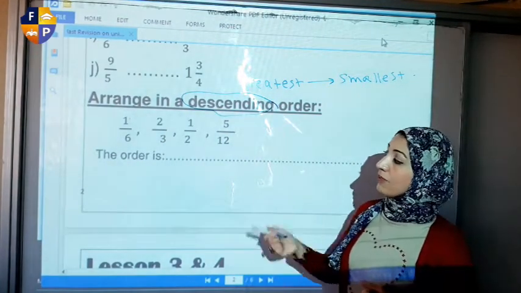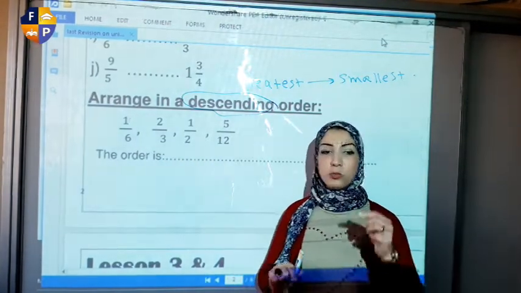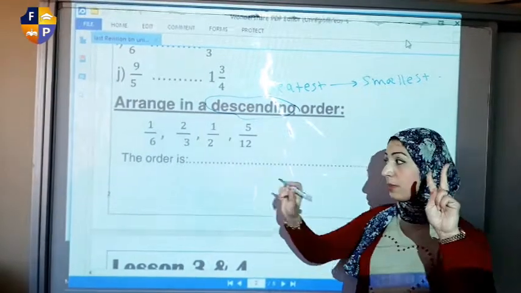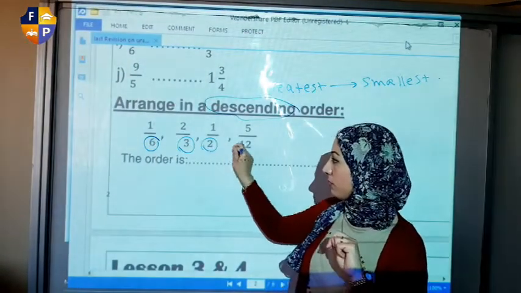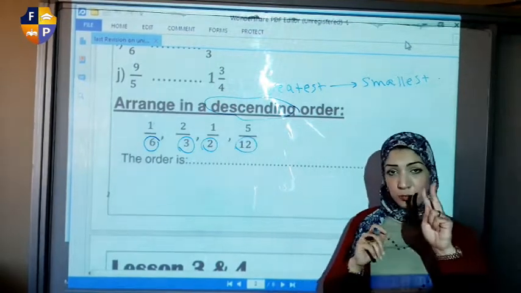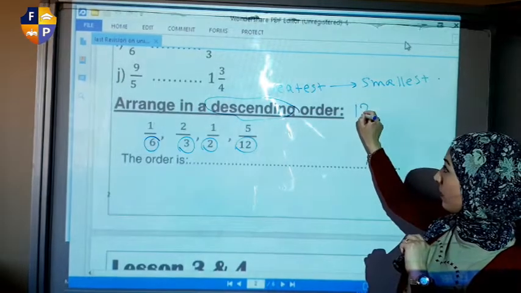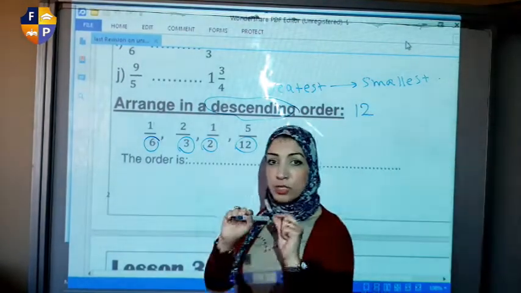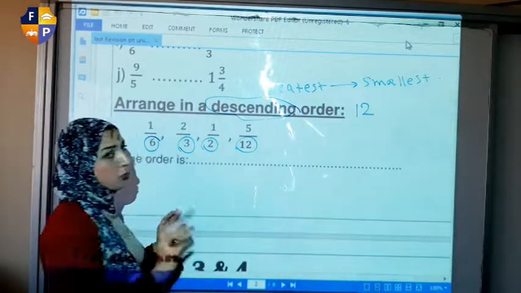Here you have fractions with different denominators. In this case, we have two steps. Step number 1, circle the denominators. Step number 2, write the greatest denominator in the draft and try to change each denominator into 12, if you can.